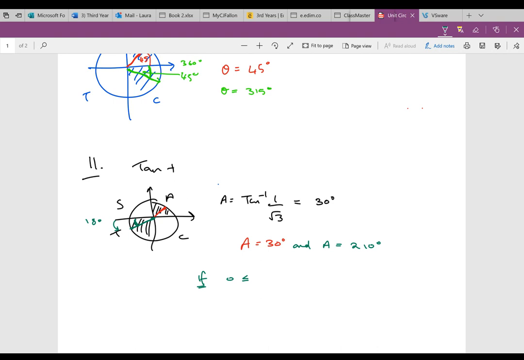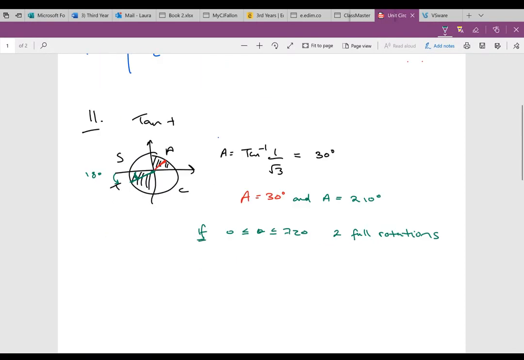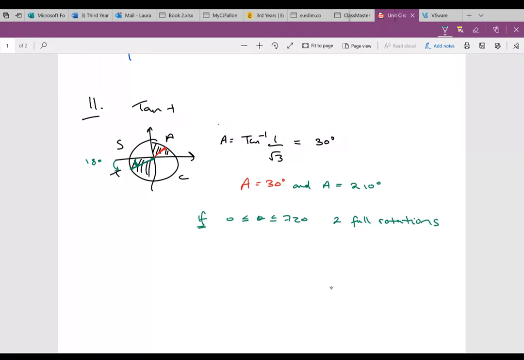if it was 0 to 720 for theta, so that would be 2 full rotations, all I would do to get the additional angles would be to take 30, 210, and then add 360.